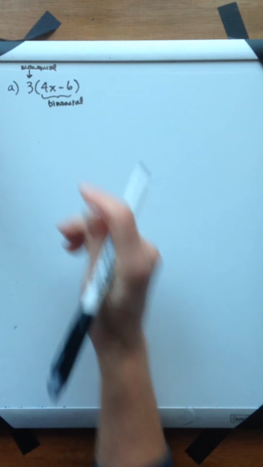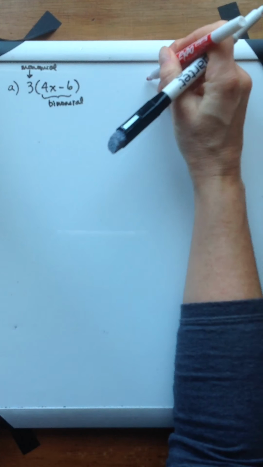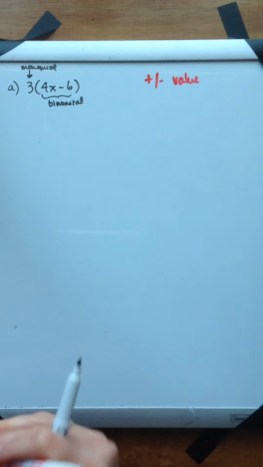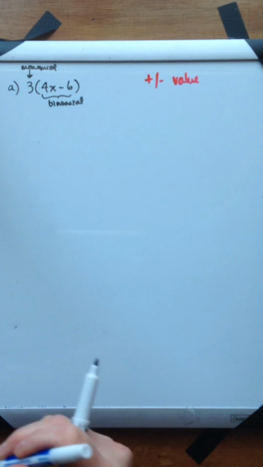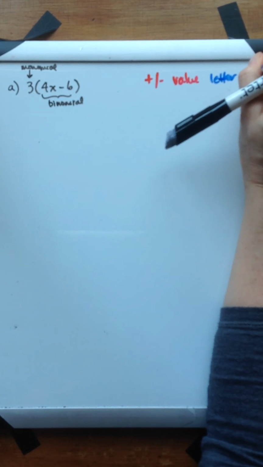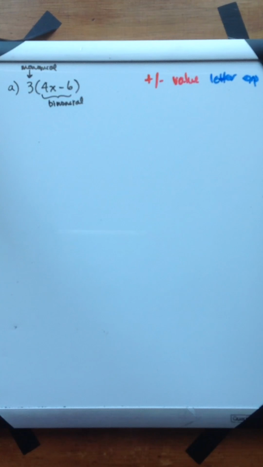Now, when we multiply terms together, it's super important that we recognize those four parts of a term. And you'll remember that they are sign, which is either plus or minus, a value, a letter, and an exponent. Okay? And we have to make sure that we account for all four of those as we multiply.